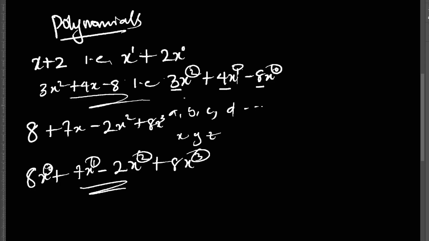Alright, so if you understand that, let's look at functions that are not polynomial, because it's very easy for you to confuse some functions to be a polynomial when they are not.